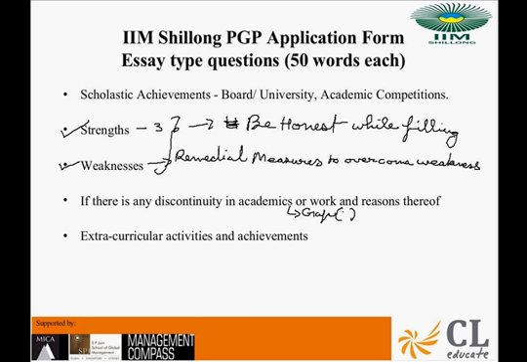Extracurricular activities and achievements. Now, what are extracurricular activities? Extracurricular activities are anything that you do outside your curriculum, outside the regular academic curriculum, right?